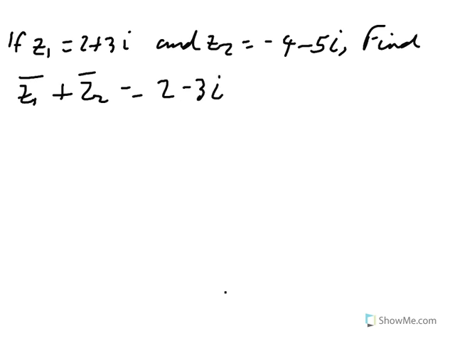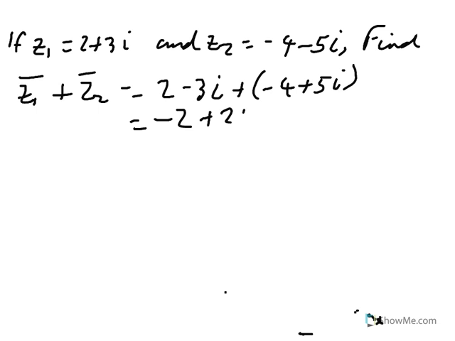Remember, we just change the sign of that imaginary part. Plus negative 4 plus 5i. So 2 plus negative 4 is negative 2, and then negative 3i plus positive 5i is plus 2i. So there's simply our answer.